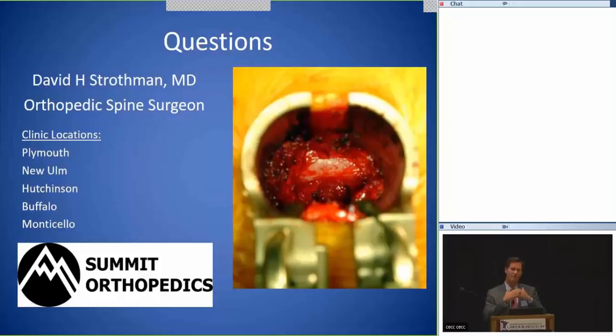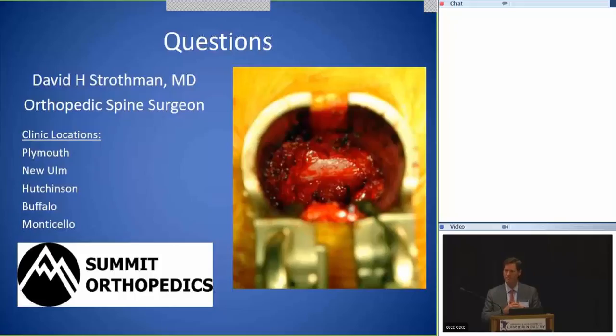So I end up taking out more screws at a year after surgery with minimally invasive fusion as compared to open fusions. Because in the open surgery, that muscle is still dead. It doesn't hurt because the muscle is not moving. In minimally invasive surgery, that muscle is still alive, and so they can be irritating, particularly to young active people. So we are a little bit more likely to have to take the screws out at a year.